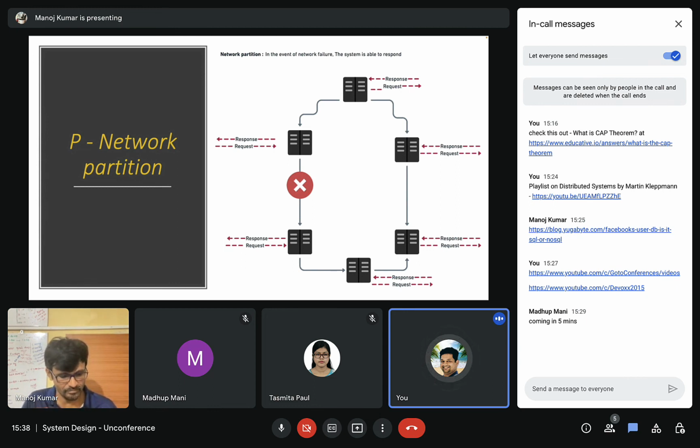But then how to have good database design, data modeling, and concepts related to SQL and NoSQL databases, that we can also start discussing in these sessions.